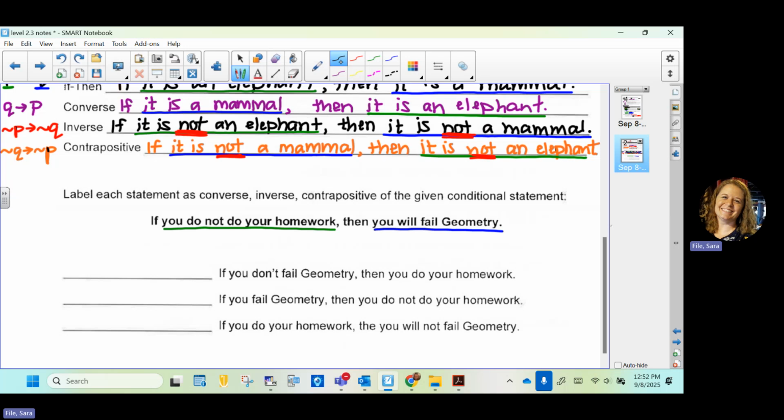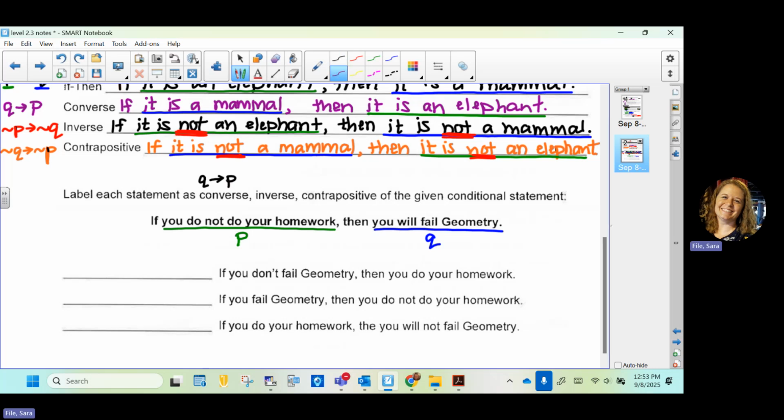All right. So I've got my P and my Q. Okay. So then they want us to identify these statements down here as either converse, inverse, or contrapositive. So if I were to switch the order, that's converse. Okay. So remember, converse, you just switch the order.